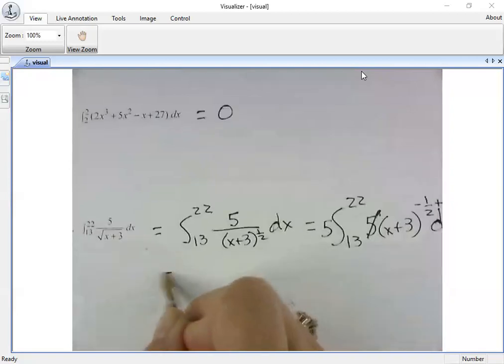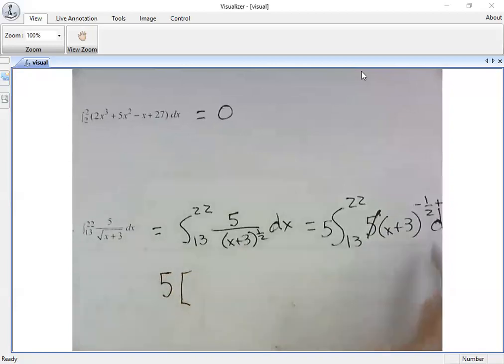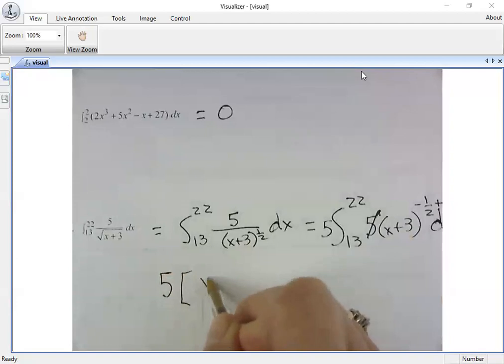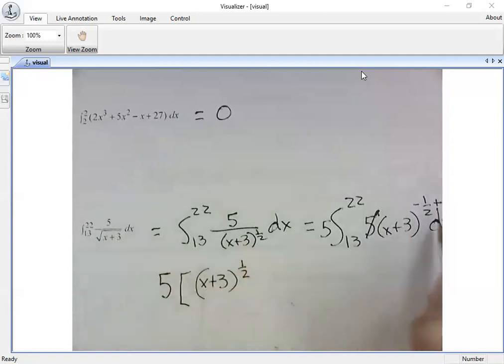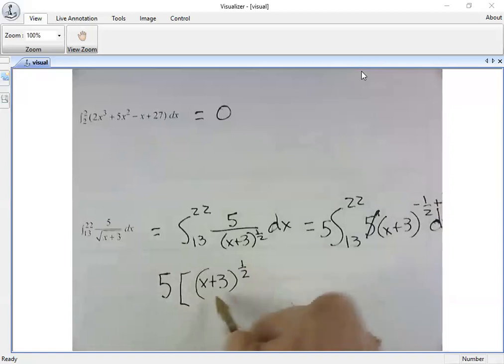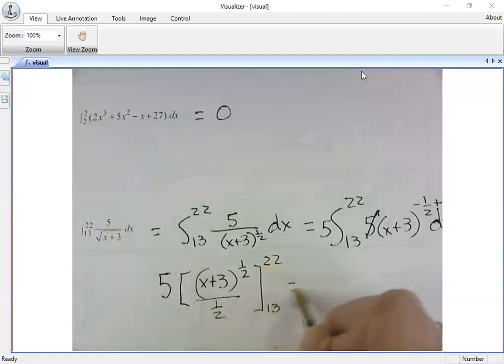So I'm going to have 5, and then as I'm integrating, I know I have this x plus 3 raised to the, what's my new exponent? Positive 1/2, but then I have to do what else? Divide it by positive 1/2. But I probably don't want to leave it written that way, because instead of dividing it by positive 1/2, I want to turn it into what?